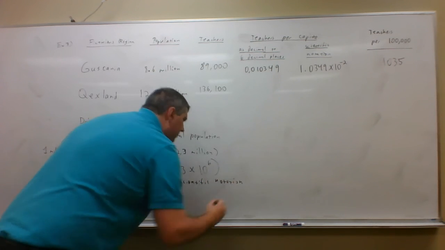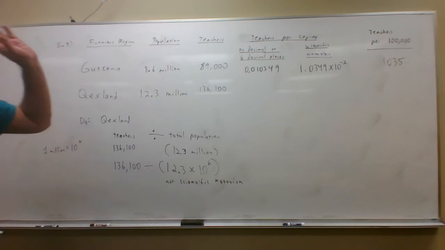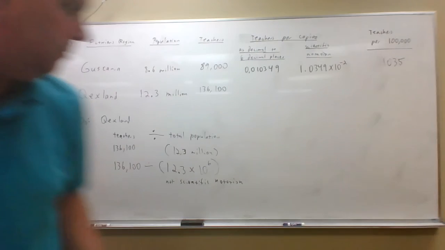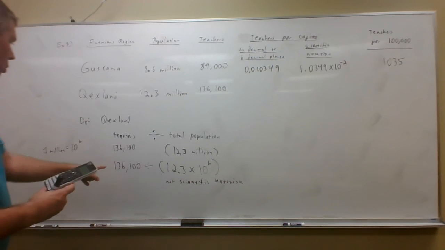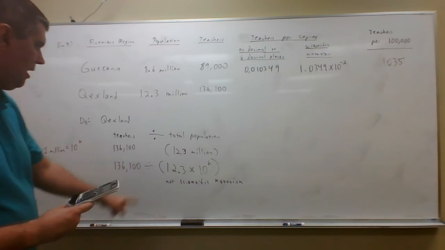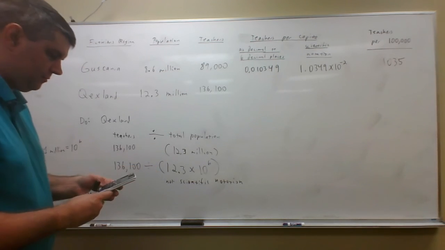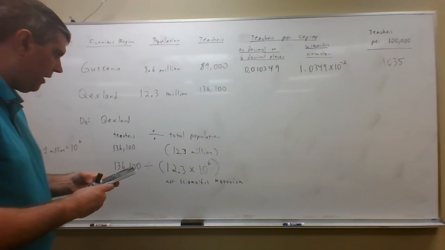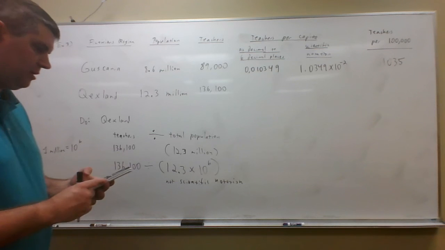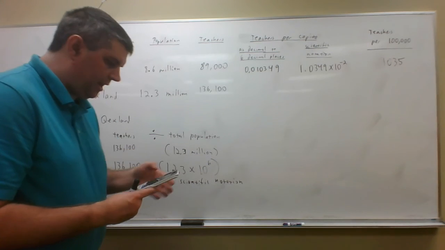But I'm not worried about that because I'm just trying to get the number. So, 136,100 divided by, parenthesis, 12.3 times 10, your generic exponent button, 6.